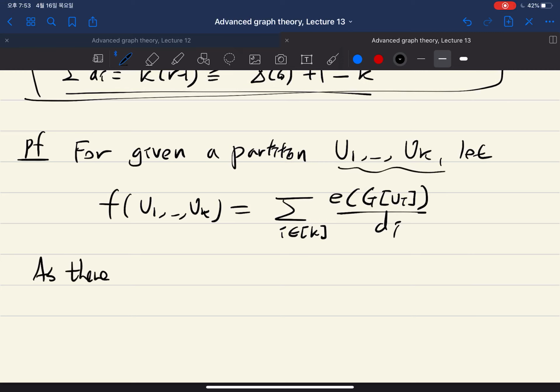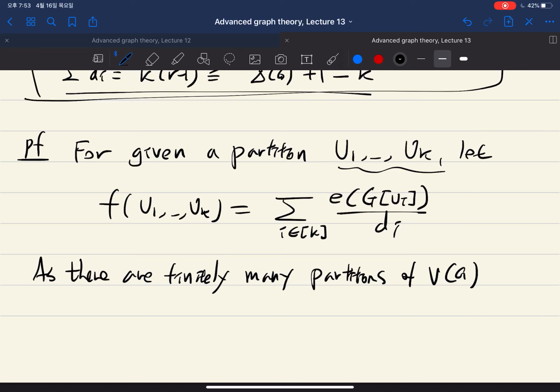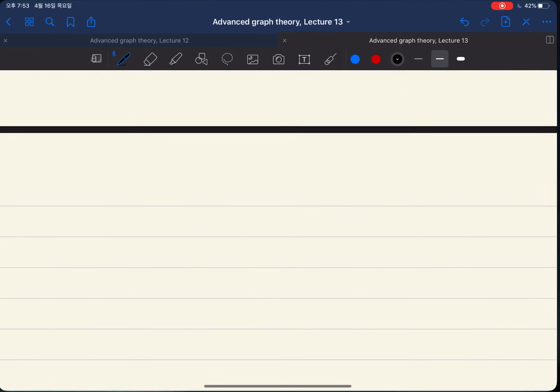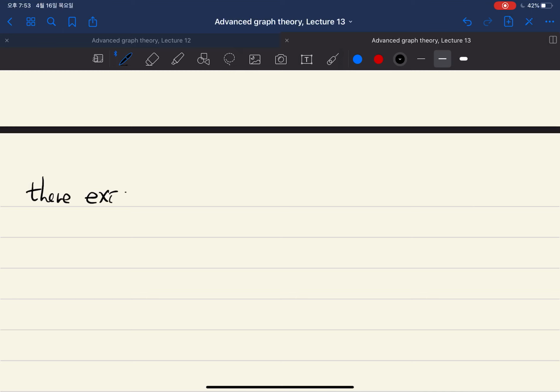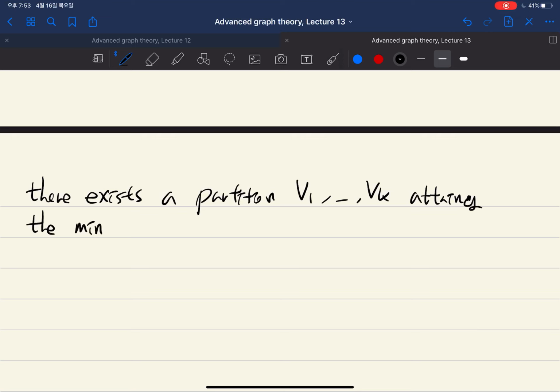Then there are finitely many such partitions of the vertices of G. So there must exist a partition P_1 to P_k which minimizes the value of f.